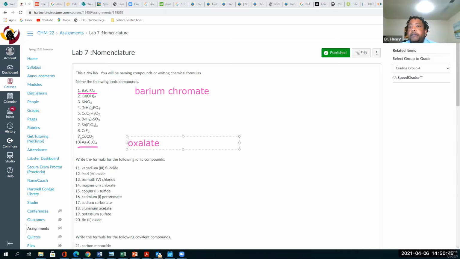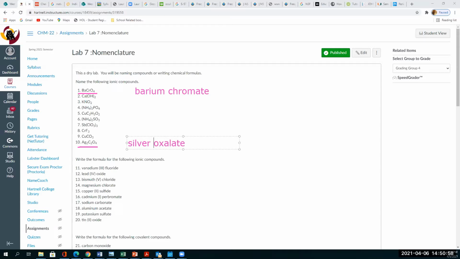And this one, Ag2, would be silver, which is a transition metal.